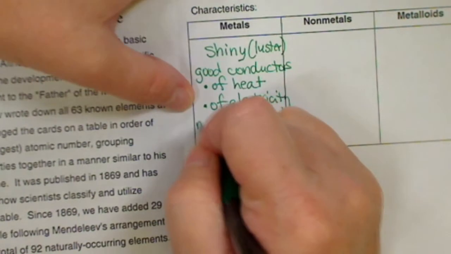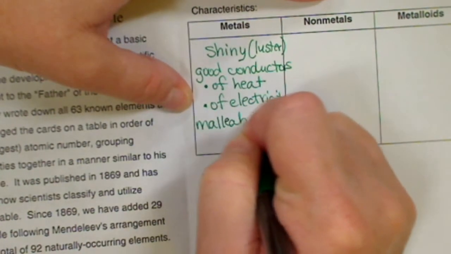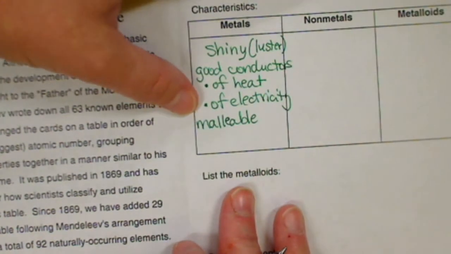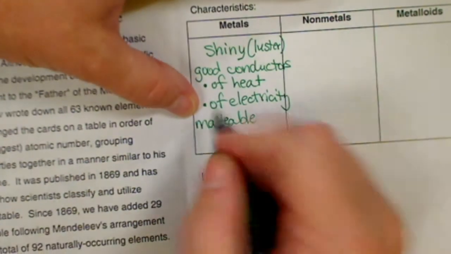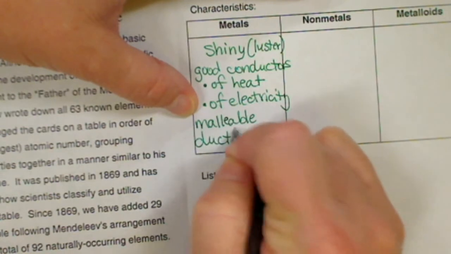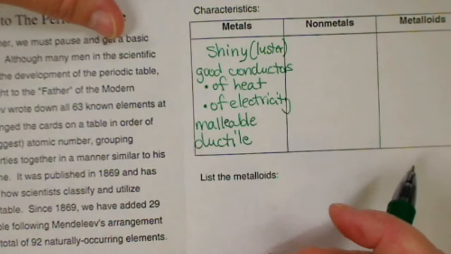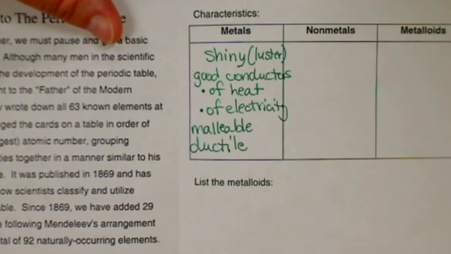They are malleable, which means they can be hammered into thin sheets, like think of aluminum foil. And they are ductile, meaning they can be drawn into thin wires. Think of a copper wire.